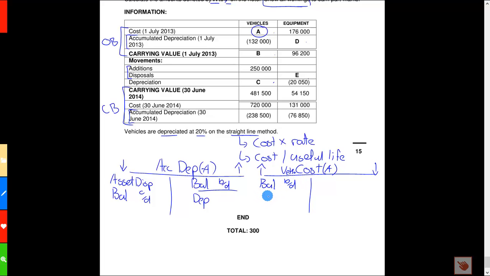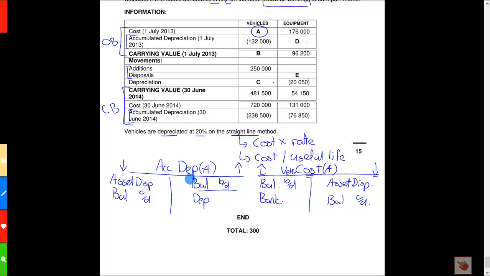If I purchase any vehicles during the year, that's going to increase the cost of the vehicles. If I sell any vehicles, I need to take that to asset disposal, and that will decrease the cost of my vehicles. Then we'll have our closing balance at the end, which is the opening balance plus the additions minus the disposals. That is really what the note does in short.